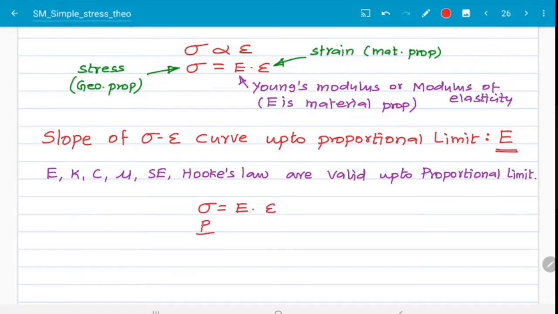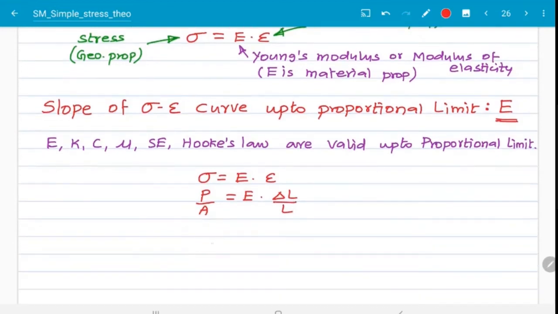P by A is equal to E into del L by original length. So from this, what is del L? Very good. Del L is equal to PL by AE. Very famous formula.